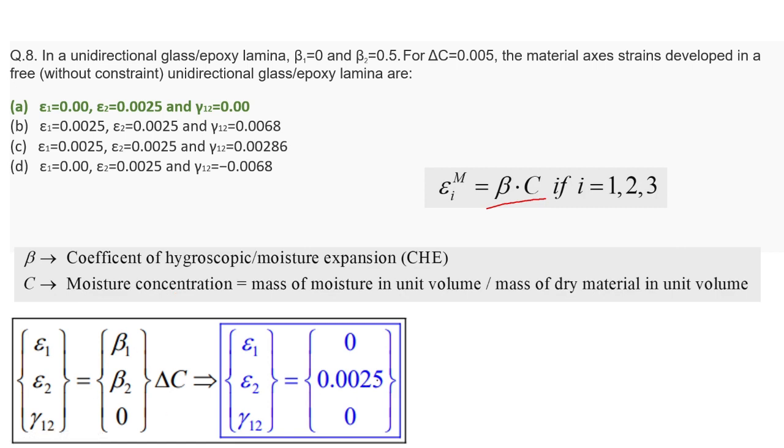Here it is given in matrix form, but without using the matrix form, we can directly say that the strain in direction 1 will be equal to beta 1 multiplied by del C, that will be equal to 0, and for strain in direction 2, beta 2 into del C, that is 0.5 into 0.005, and the shear strain will be equal to 0 because there is no coefficient of moisture expansion in the shear direction.